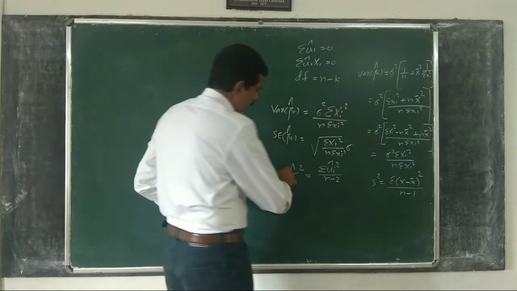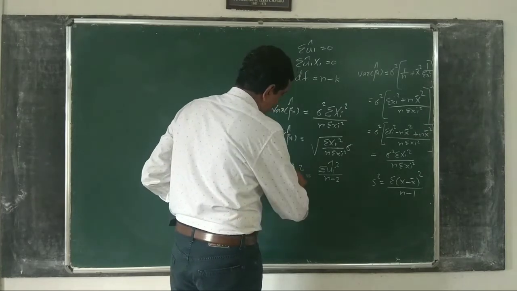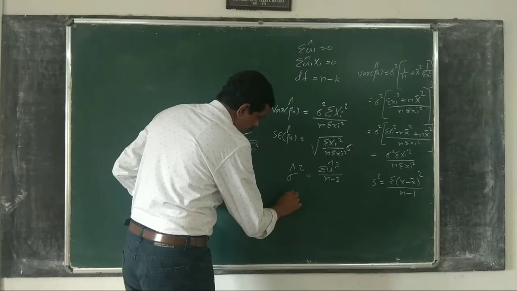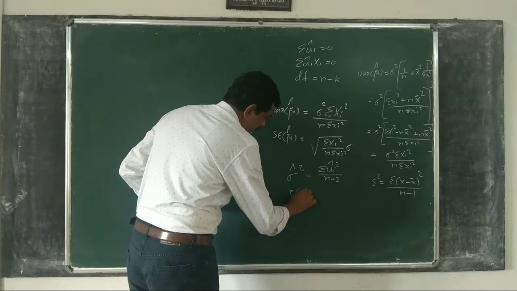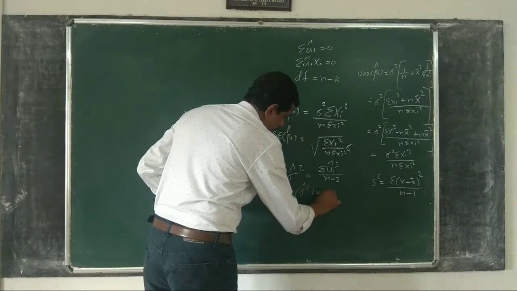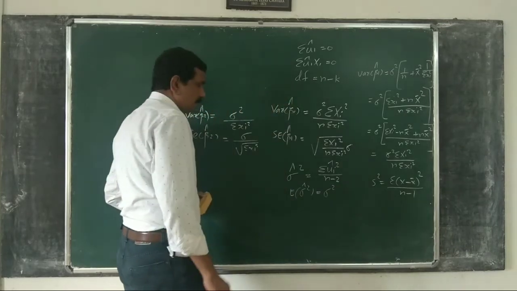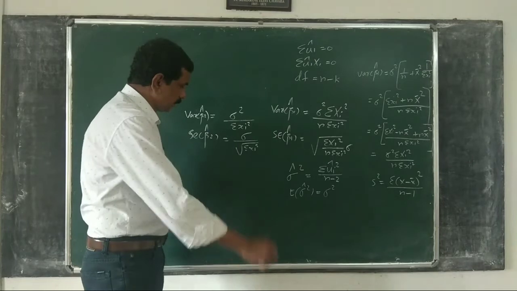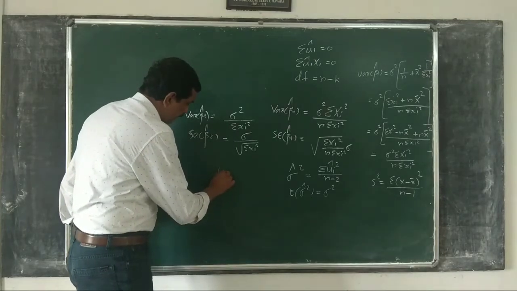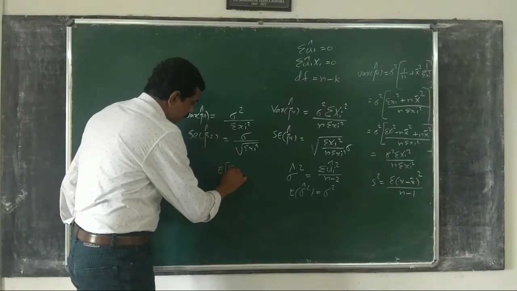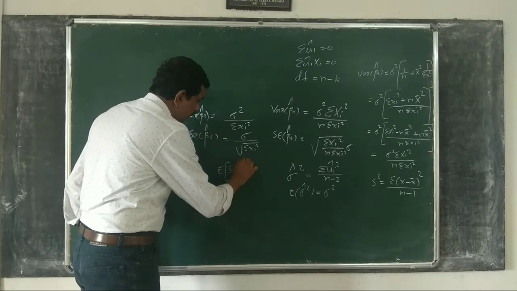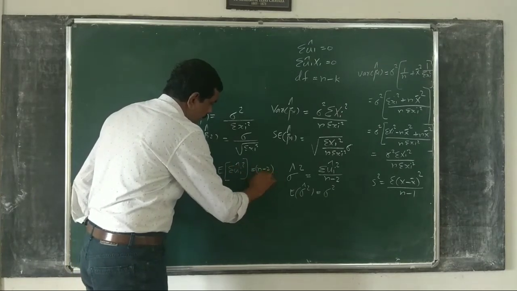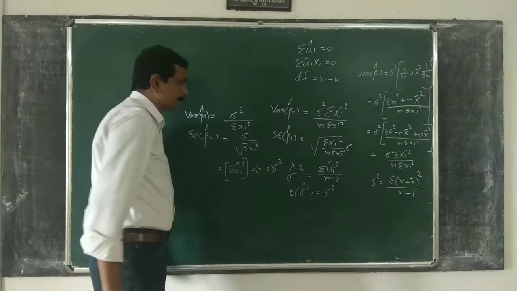Now, sigma hat square is the unbiased estimator of sigma square. So naturally, we want the expected value of sigma hat square equal to sigma square. If you take an expectation of sigma u hat i square, you will get it as equal to n minus 2 into sigma square.